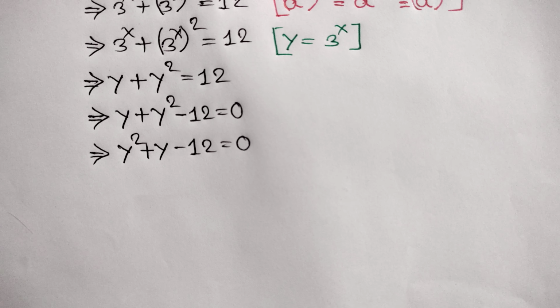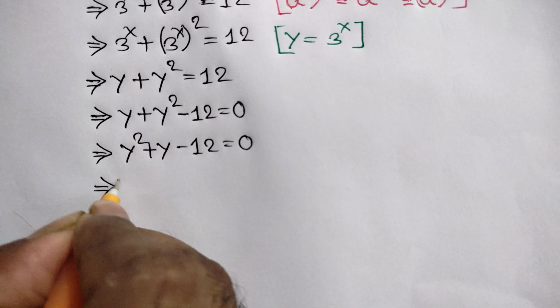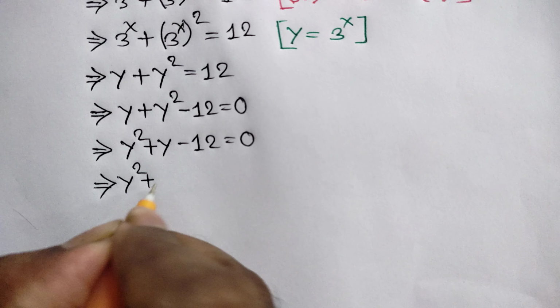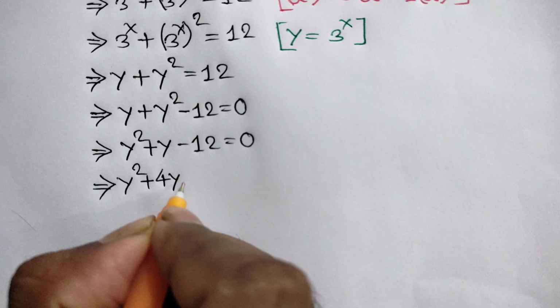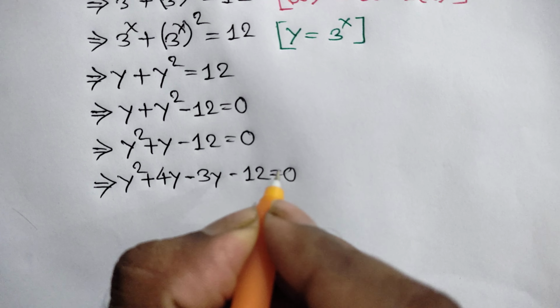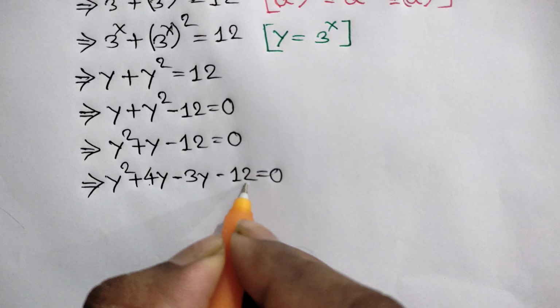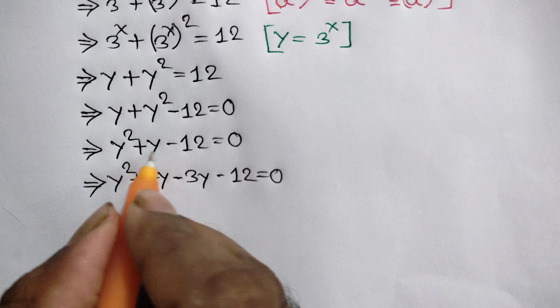Now here we can use middle term factorization, so we can write y squared plus 4y minus 3y minus 12 is equal to 0. Attention here, 4 times 3 is 12 and 4 minus 3 is 1.